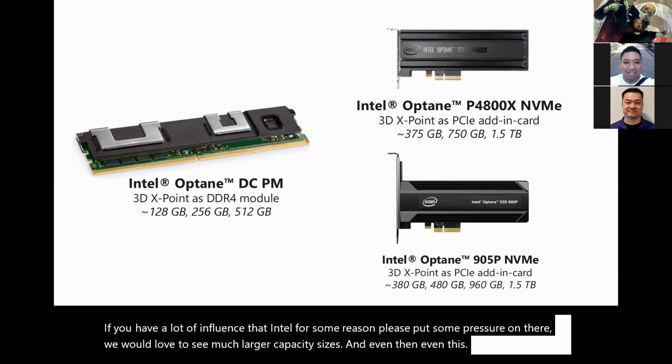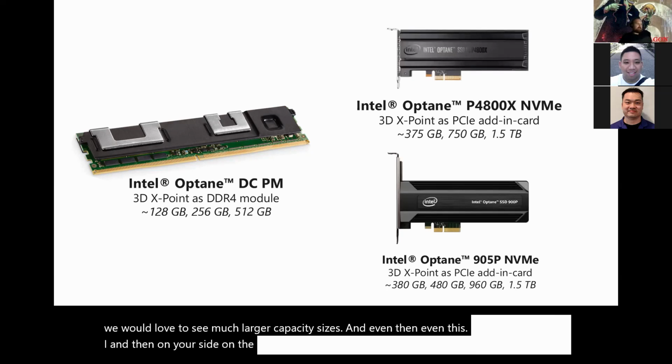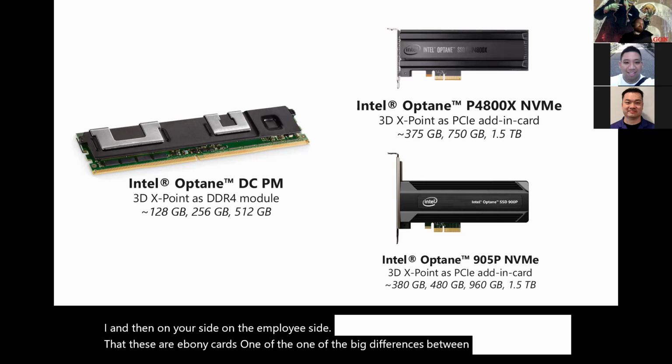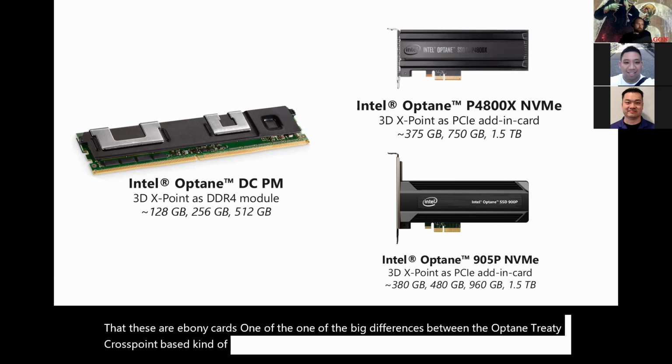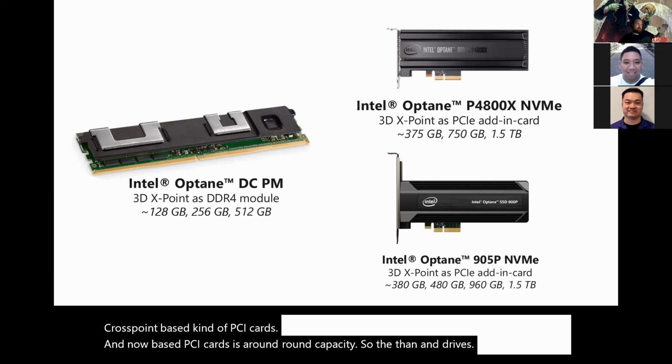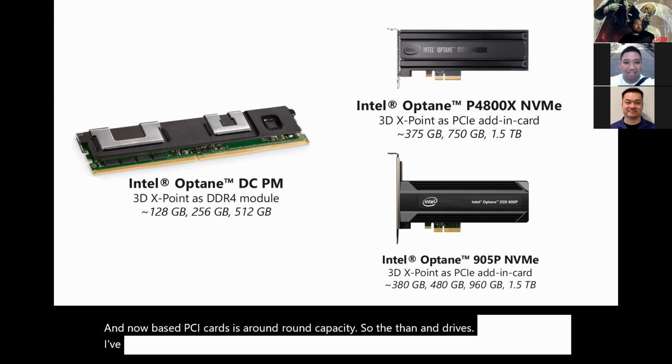And then on the other side, on the NVMe side, these are NVMe cards. One of the big differences between the Optane 3D Crosspoint based PCI cards and NAND based PCI cards is around capacity. The NAND drives, I've seen 17 terabyte drives that you can buy.